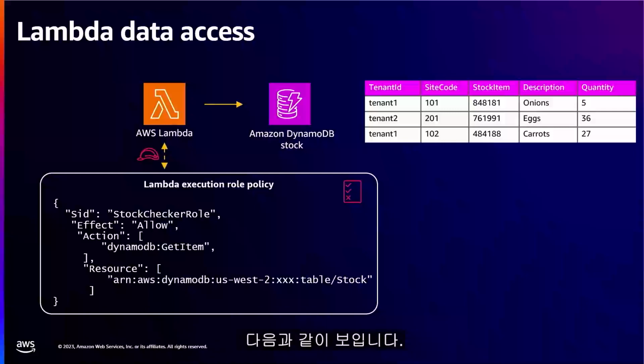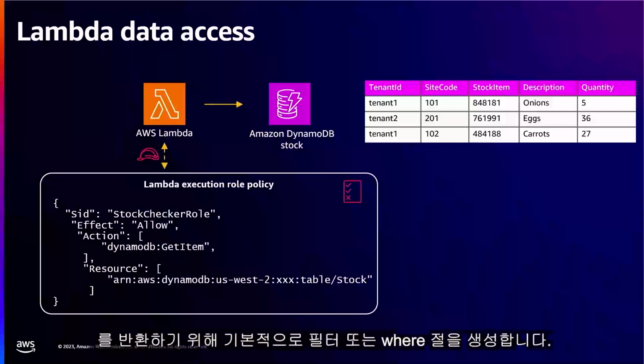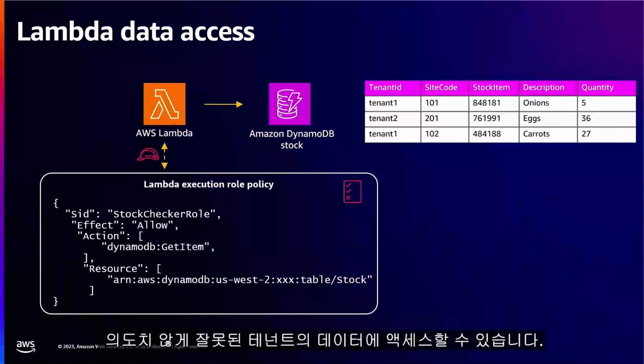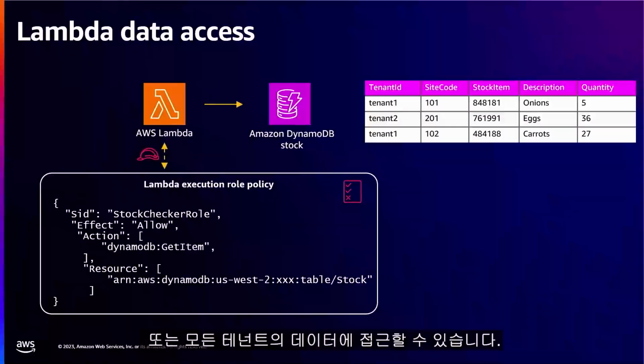It looks something like this. Now, inside of our code, we would essentially create a filter or a where clause to say where tenant ID equals X. If there was a bug or some accidental change to the code, we could unintentionally access the wrong tenant's data or all of the tenants' data.